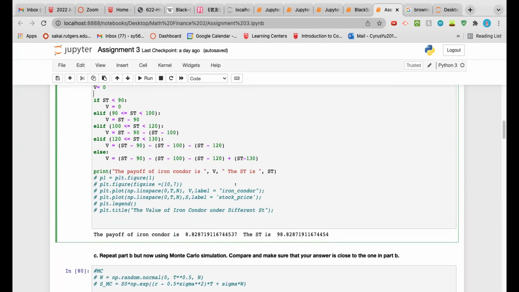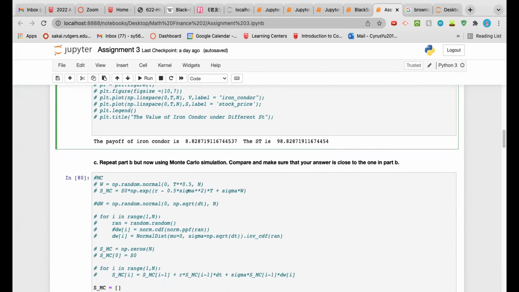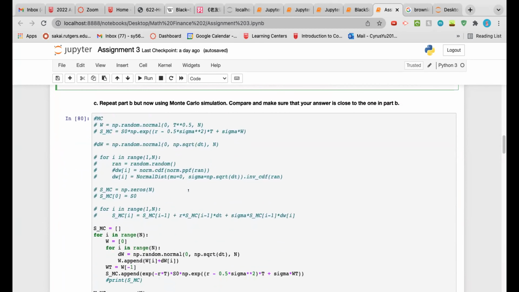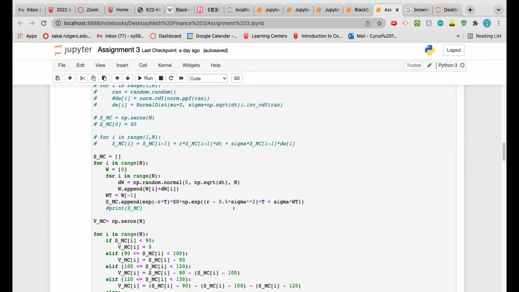So this is how I get the payoff for our iron Condor. But when it goes to Monte Carlo simulation, my understanding of the simulation is basically to take the average of all the payoffs for the iron Condor.